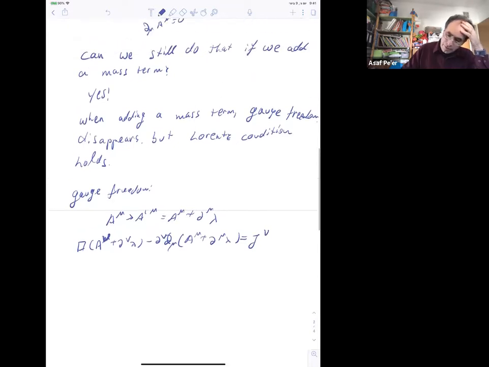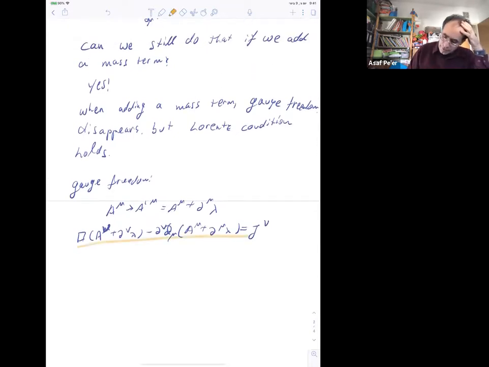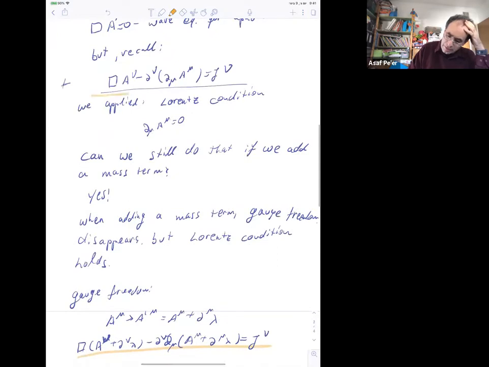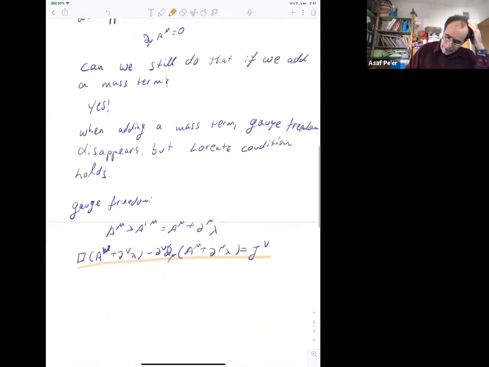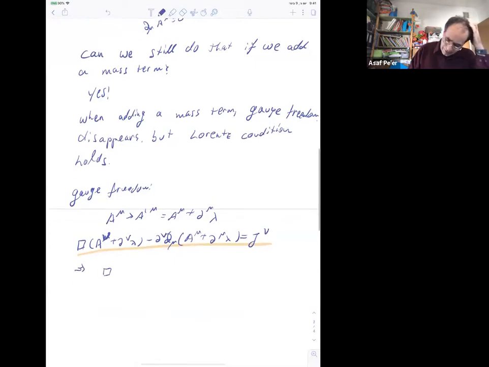So in order for this equation to be the same as the equation here, we just need that the D'Alembertian of d^nu lambda minus d^nu, and then we have d_mu d^mu, which is just the D'Alembertian of lambda, is equal to 0. But since the derivatives are commutative, this is indeed the case, right?